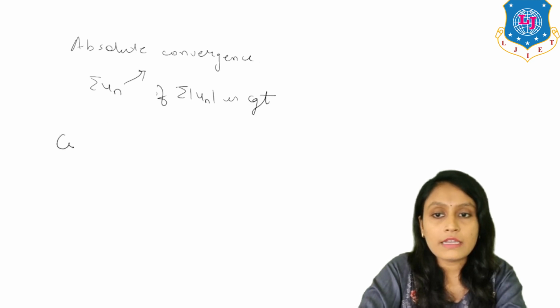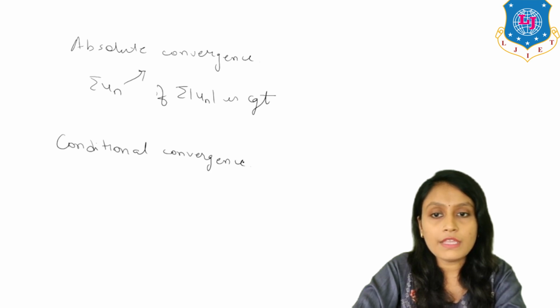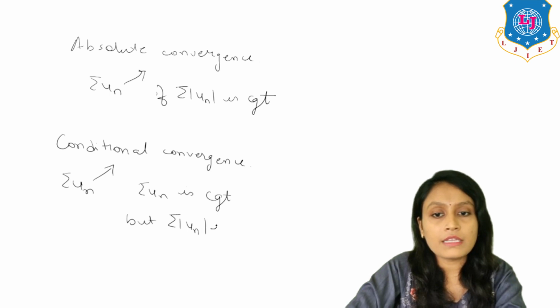Okay, and next we studied conditional convergence. Here we can say that the series un is conditionally convergent if the series un is convergent, but the series mod un is divergent. Okay, then we can say that it is conditional convergence.